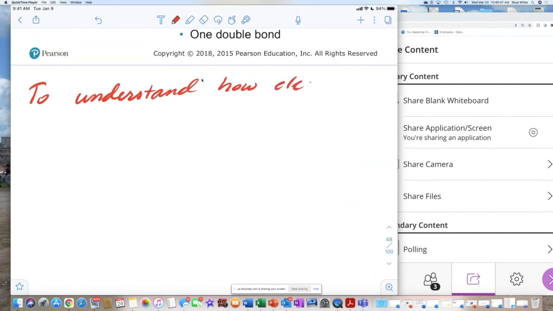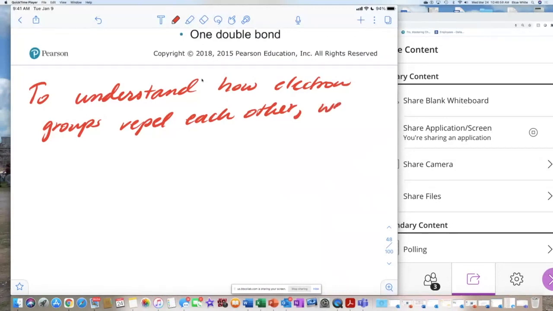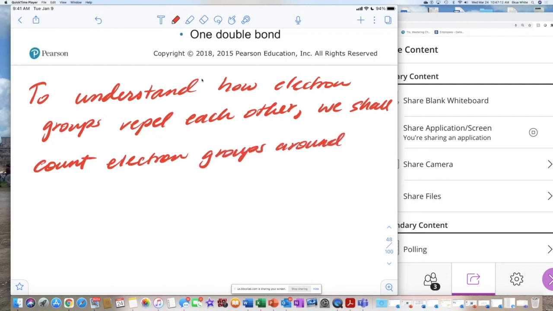To understand how electron groups repel each other, we shall count electron groups around the central atom.